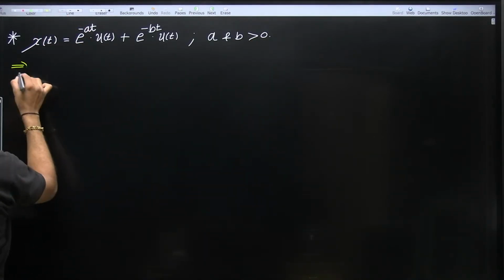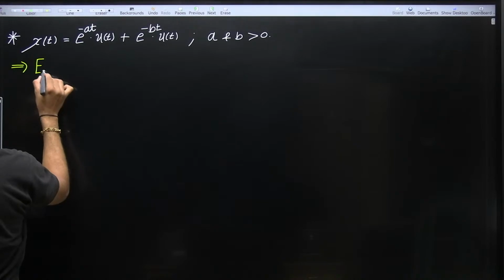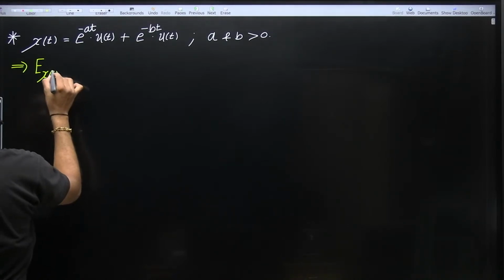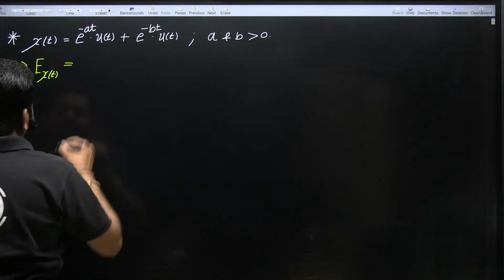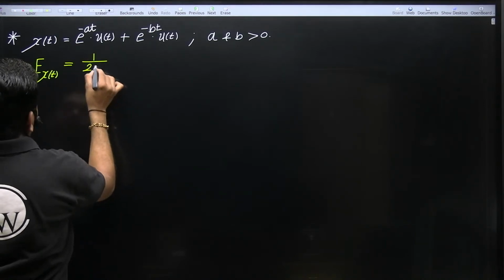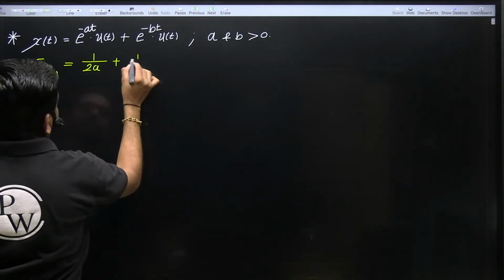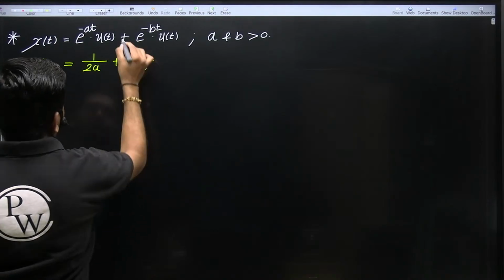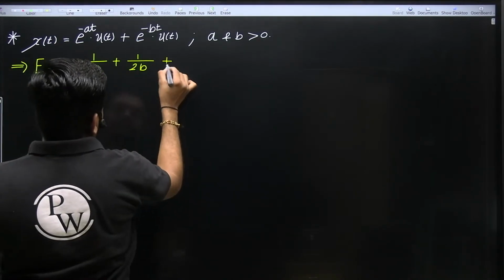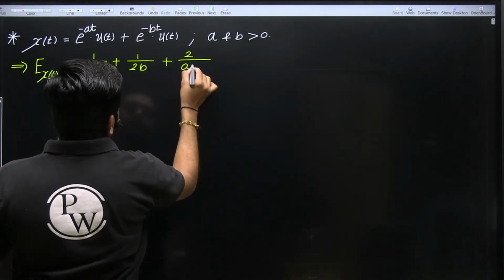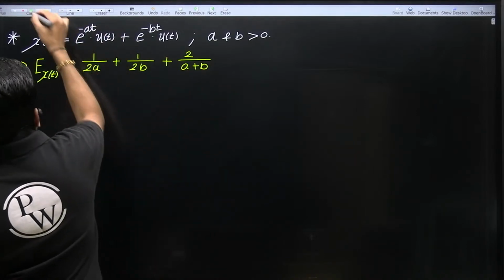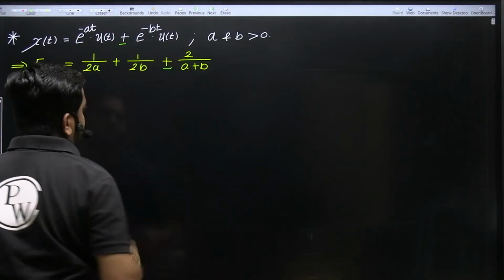Then the energy of x(t): the energy of the first signal is 1 upon 2a plus the energy of the second signal is 1 upon 2b. Middle plus sign, so that's why plus 2 upon a plus b. Suppose here minus sign, then here minus sign.